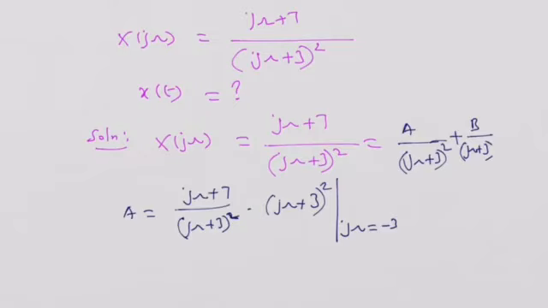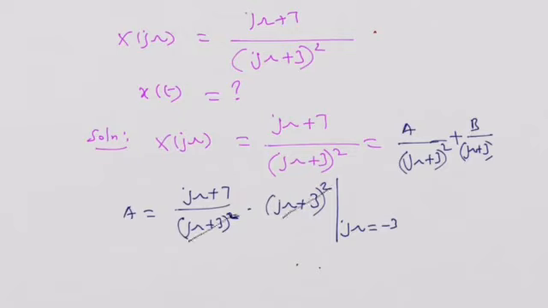When you substitute that, I just cancel out the j omega plus 3 the whole square, j omega plus 3 the whole square.